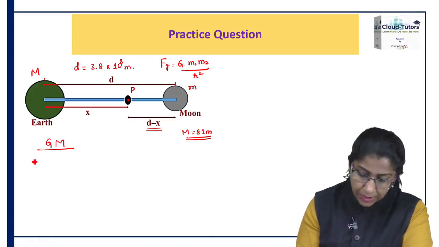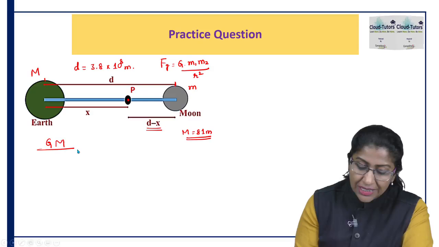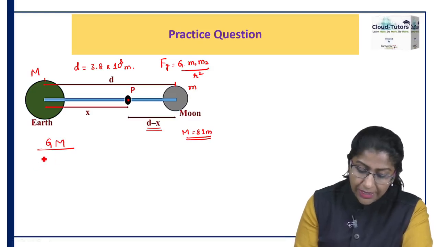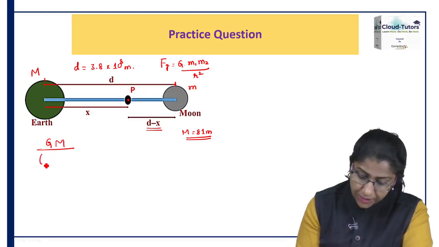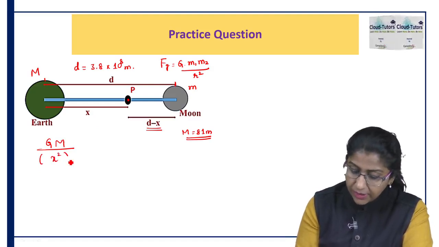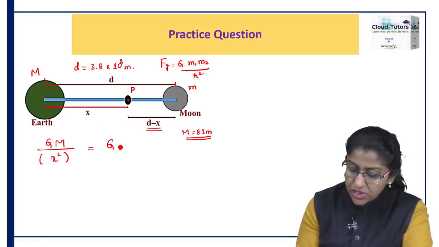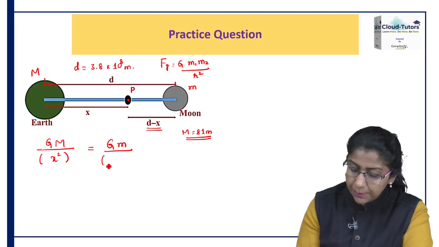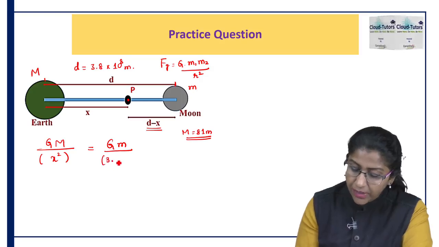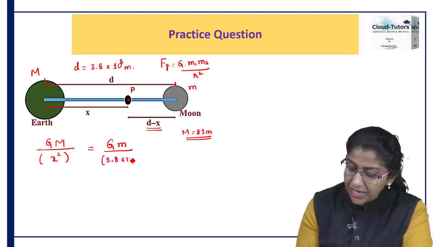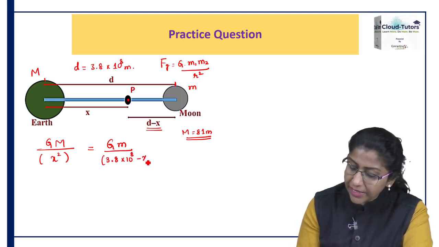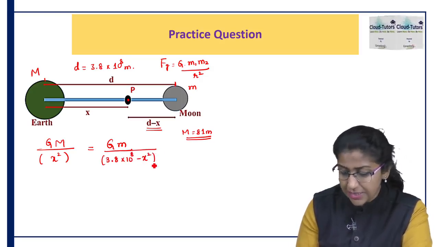Now, capital M divided by x square is equal to Gm divided by 3.8 into 10 raised to 8 minus x square, that is D minus x square.